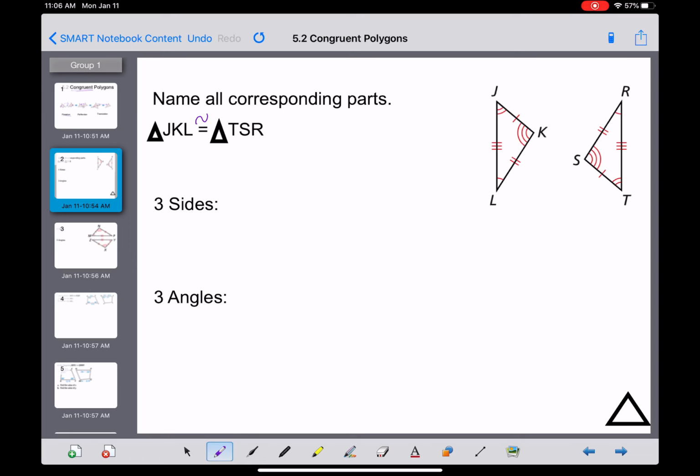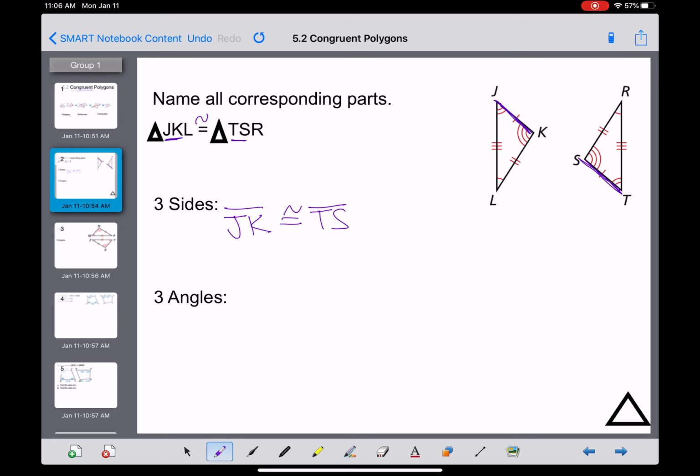So starting with sides, I'm going to start with my one tick mark. JK has one tick mark. TS has one tick mark. So I'm going to write down that segment JK is congruent to segment TS. I could also use my original statement.